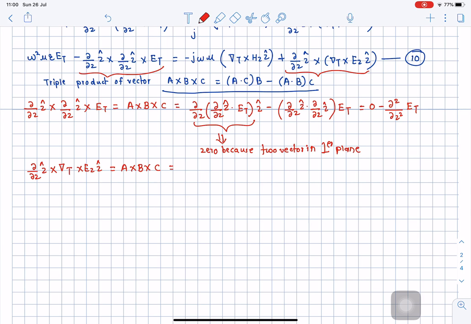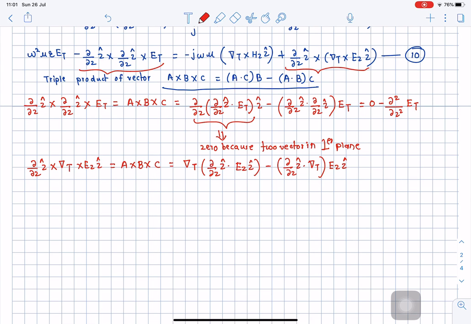What we can write is del of t, dabba by dabba z of z cap dot Ez z cap, minus dabba by dabba z of z cap dot del of t, into Ez z cap. Here the first term is non-zero while the second term becomes 0. So this is equal to del of t dabba by dabba z of Ez.